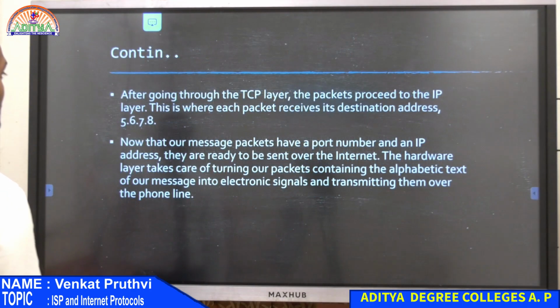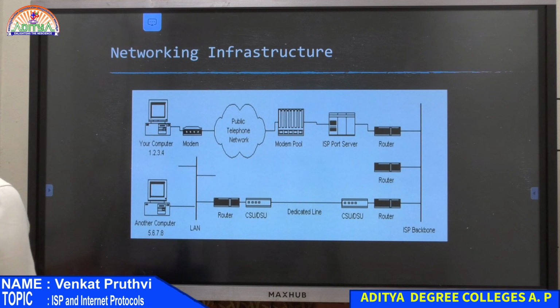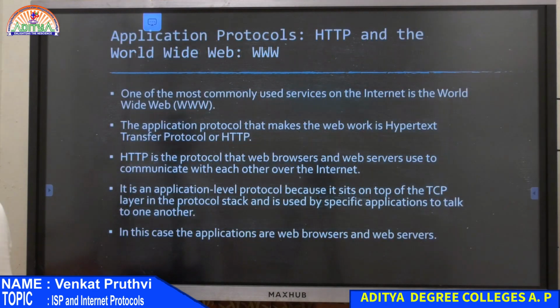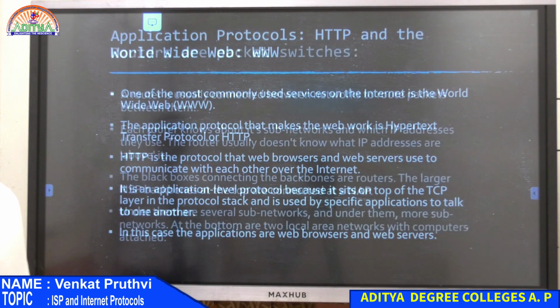How is data being sent from one computer to another, and what are the different devices between the two computers that are connected on the internet. And also we saw what we mean by World Wide Web and HTTP and HTTPS.